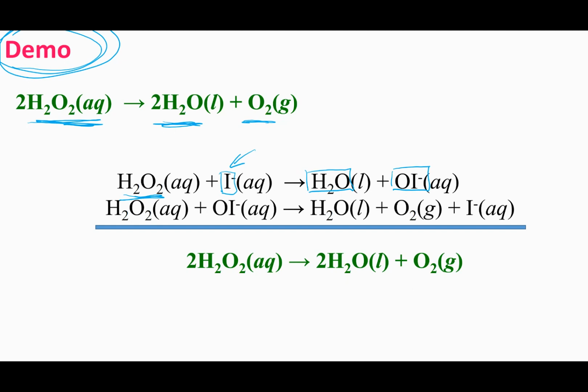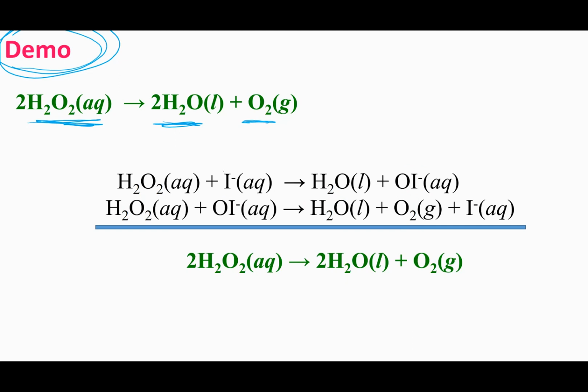Then you are going to take that hypoiodite and combine it with H2O2, another hydrogen peroxide, to make water and then oxygen gas right here. And if we take a look at this, we can see the fate of all our chemicals.